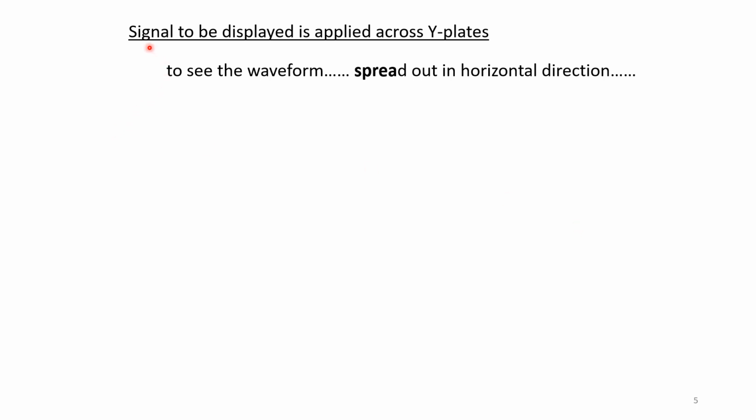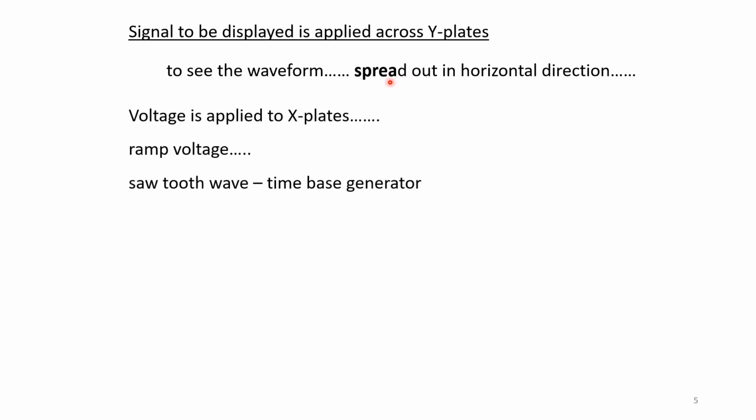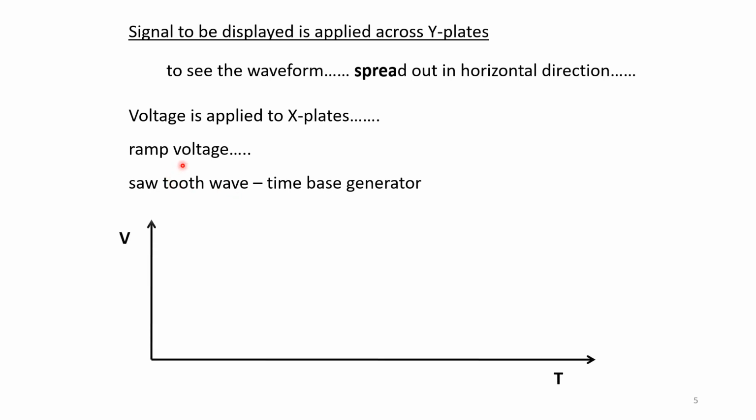In general, the signal to be displayed is always applied across the Y plate. To see the waveform, it is spread out in the horizontal direction, which means another voltage is applied to the X plates, and in general, that particular waveform is in the form of a sawtooth wave, and therefore it is also called the ramp voltage.